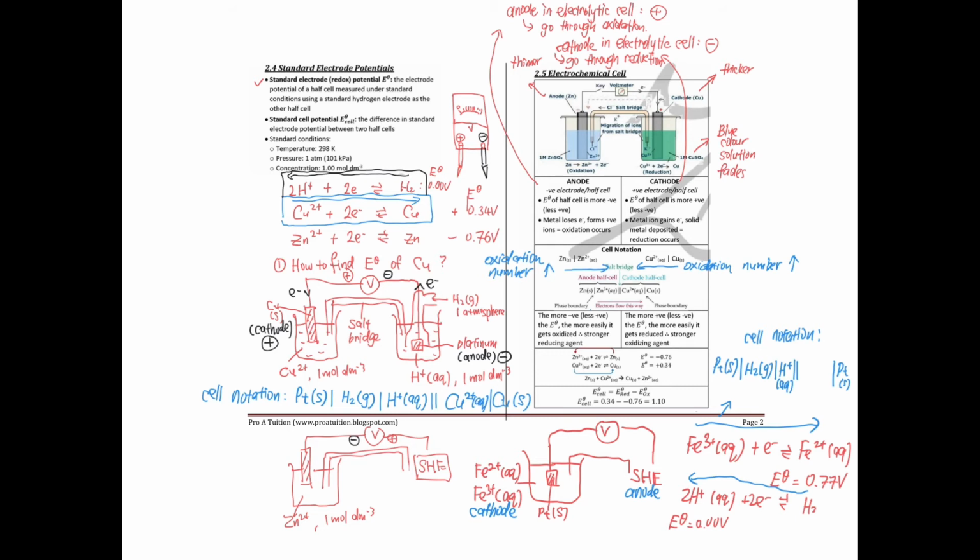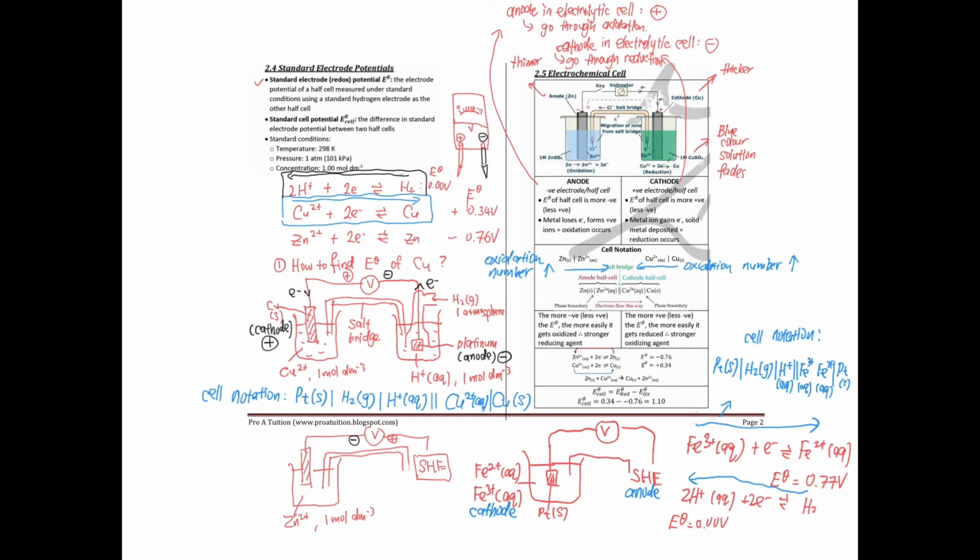So we have to start from Fe2+ first, followed by Fe3+, so that the oxidation number increases. So Fe2+ should be here. Lack of space, I put the aqueous down there. Then followed by Fe3+, aqueous also.